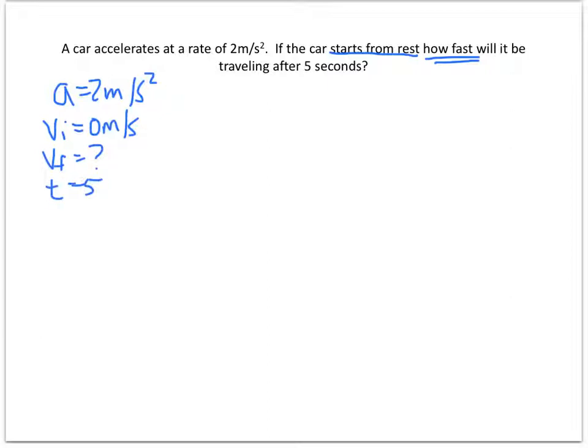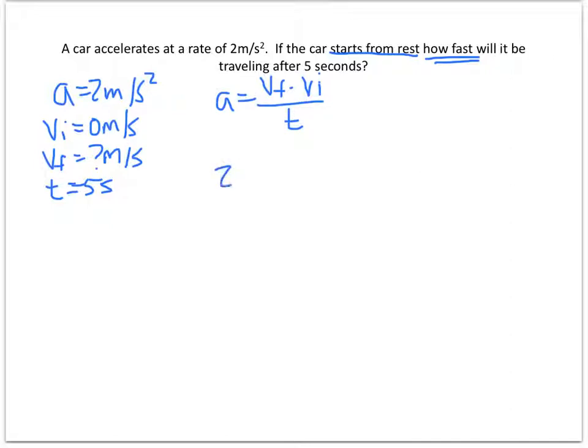Time equals 5 seconds. So again, acceleration's in meters per second squared, initial velocity is in meters per second, time is in seconds, so my final velocity will be in meters per second. So I'm looking at this one again, same formula as last time. Acceleration equals final velocity minus initial velocity over time.